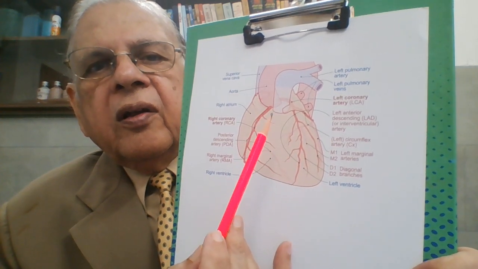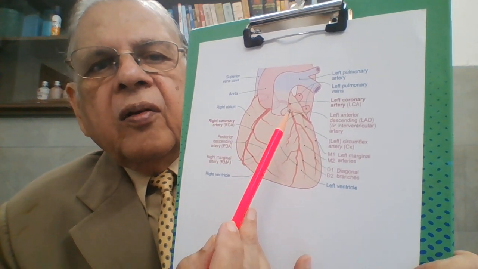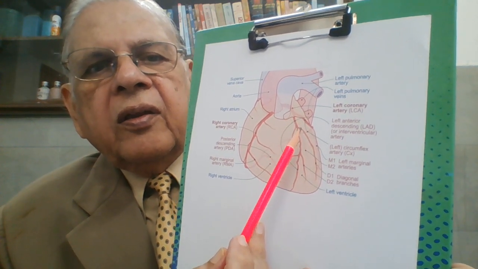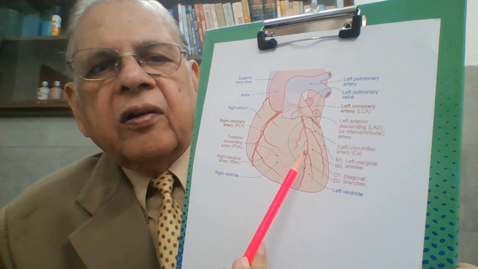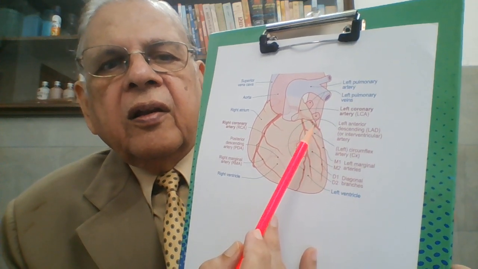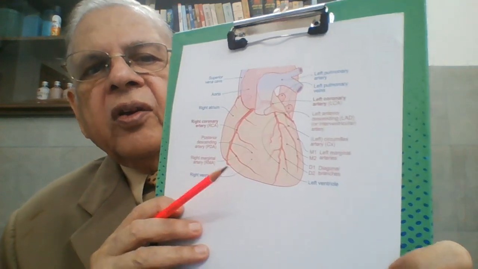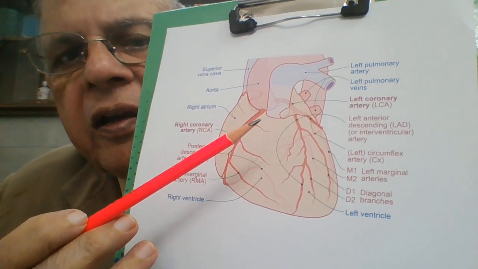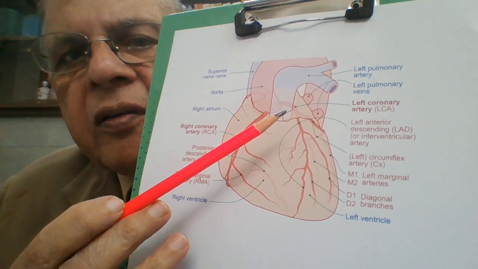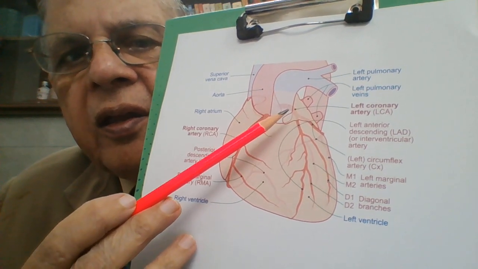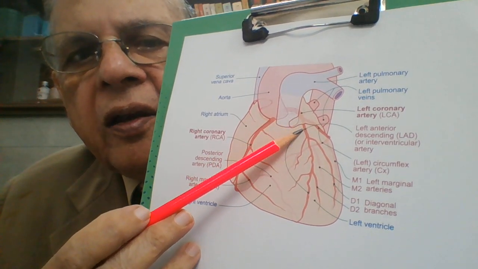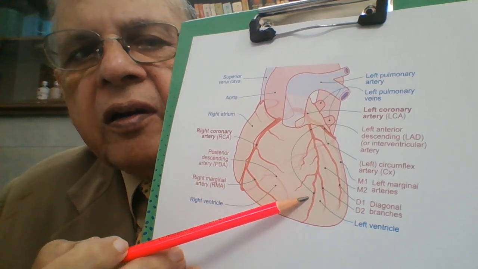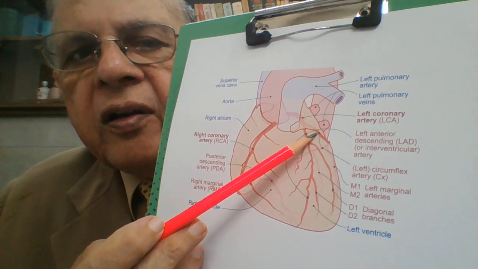So you have the right coronary artery from the aorta, the left main coronary artery from the aorta, then dividing into the left anterior descending artery, and then the left circumflex artery. Please concentrate on this to understand the right coronary artery, then the left coronary artery arising from this, and then dividing into two, left anterior descending coronary artery and left circumflex artery.